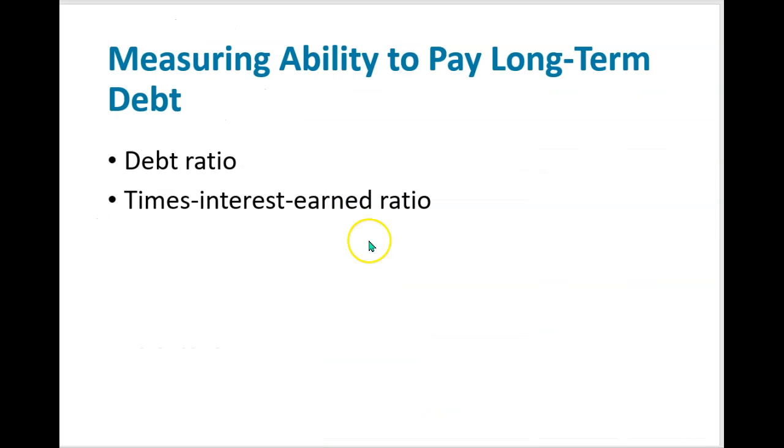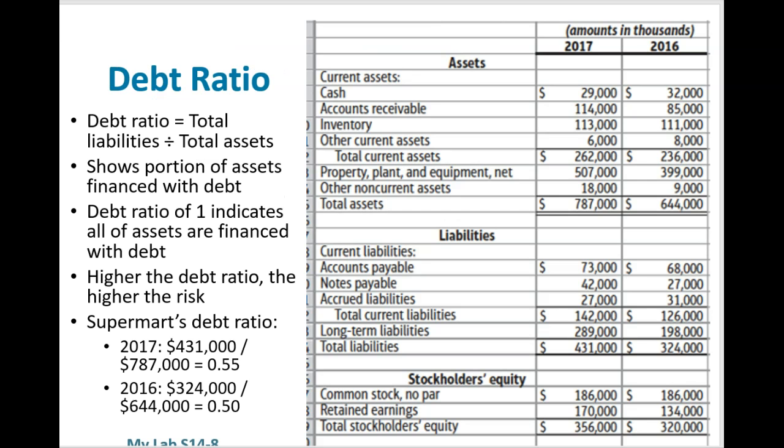So next we look at the ability to pay long-term debt, and there are two ways we can measure it: the debt ratio and another one called times interest earned. Remember, none of these really mean much in a vacuum. You've got to be able to compare them to something else. So this is the debt ratio, and what we're doing is taking total liabilities.